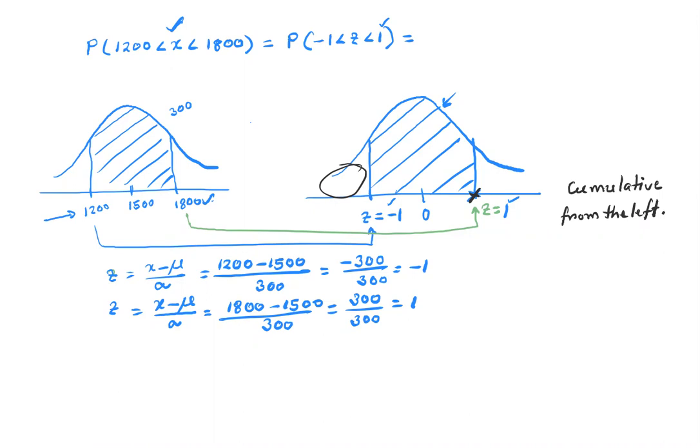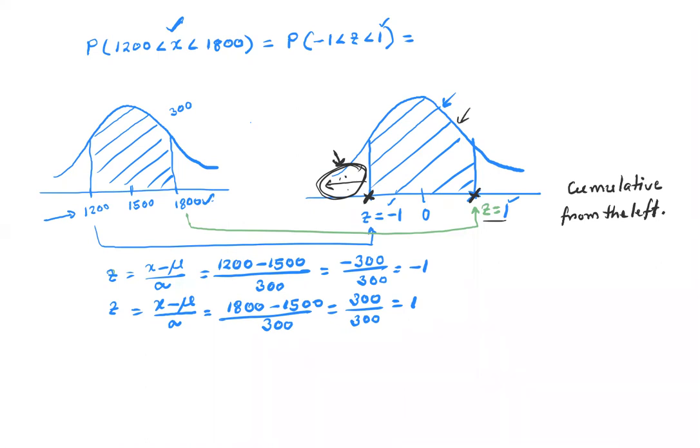Now, what we are going to do, we are going to do this. We kind of don't want this black circled area. What we can do is find the value for Z is equal to 1 and then find the value for Z is equal to -1, which is going to give you all the area from here to the left. If we subtract this left area, we are going to be left with the middle area, okay?